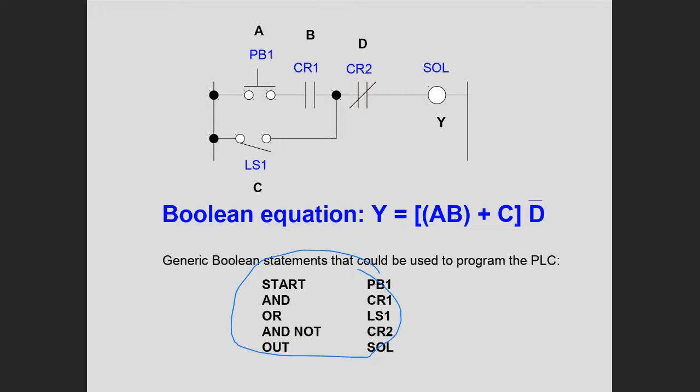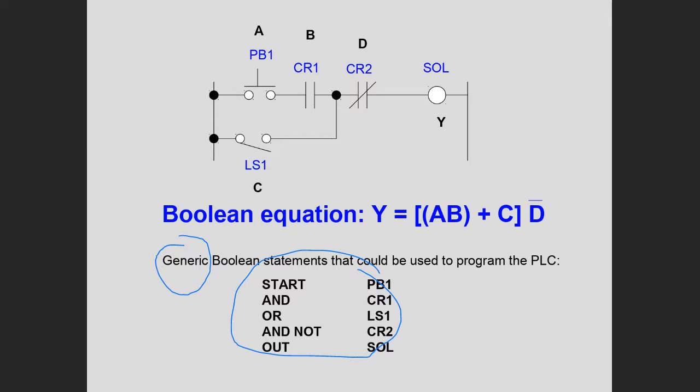This is more of a generic way, just so you can understand as a student how you might do it. But each manufacturer would have their own unique structure that you would use to enter in the command. The point is that you can do it if you wanted to, and the PLC is designed to do it. You can actually enter in logic directly from Boolean into the PLC without first writing out the ladder. So that's the second way to program.